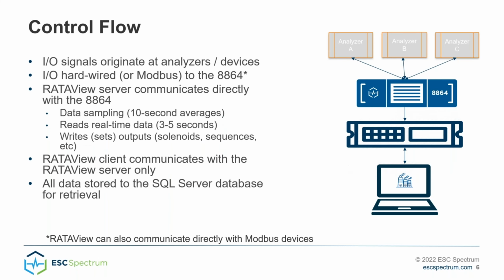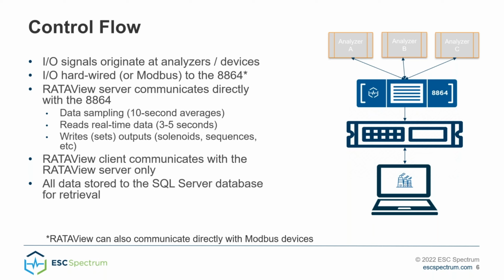The control flow is the I/O signals originate at the analyzers and devices. Those devices are hardwired to an 8864 data controller, or we could use a Modbus device, but again, most customers use 8864s. The RATAView server will communicate with the 8864 and collect 10-second averages.